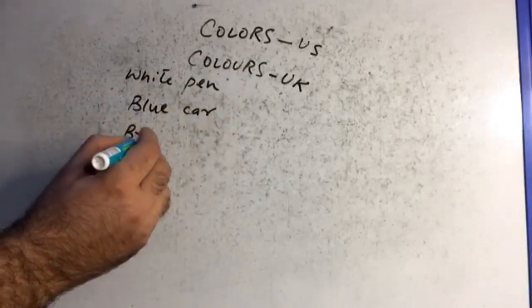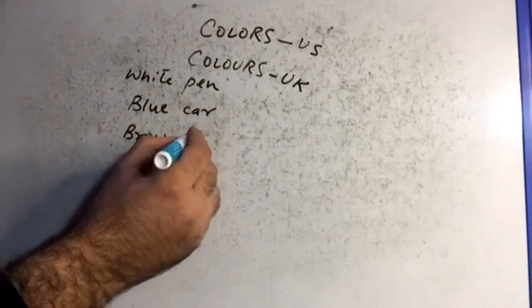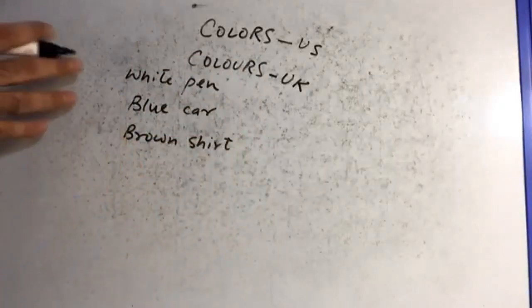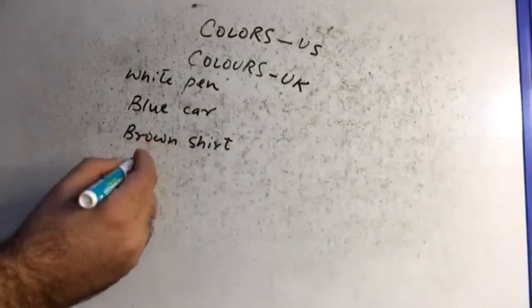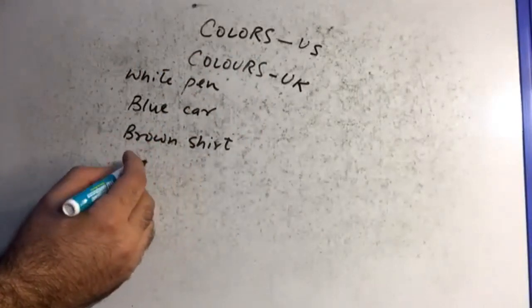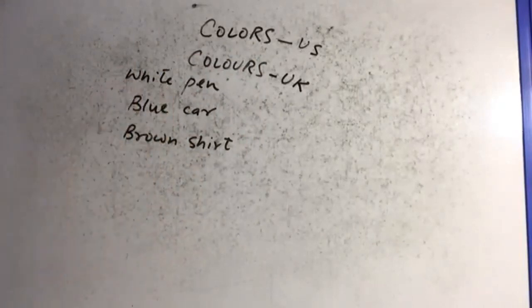I can use brown shirt, right? I can use these colors. I can use the nouns. So pen is a noun. It's qualified by the word white. White is used here as what? It's again a sifat.